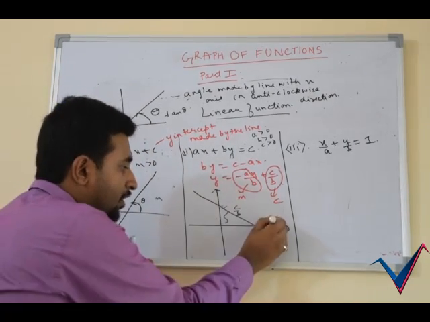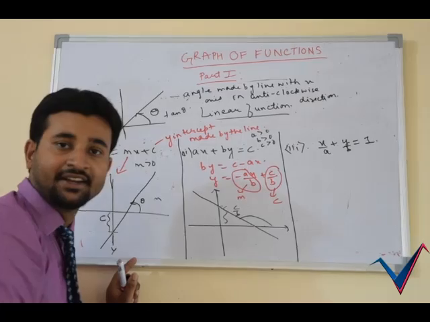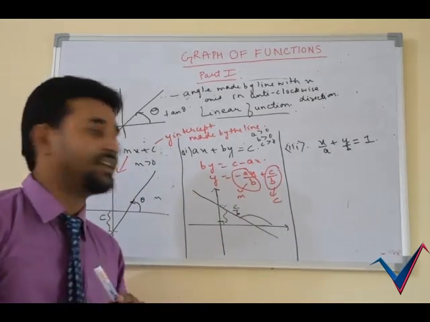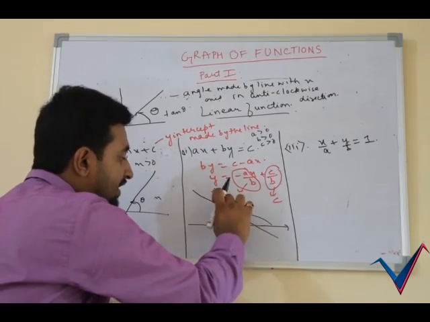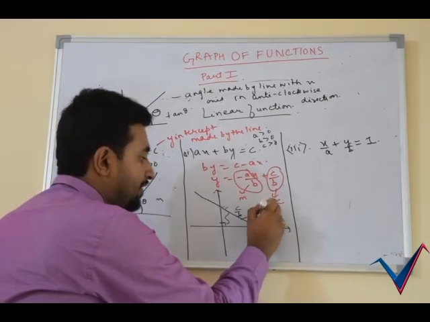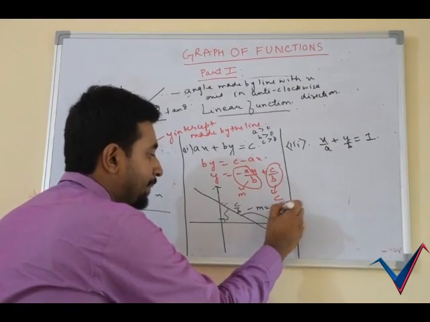Why this way? Because this angle is greater than 90 degrees; this is 90, so obviously this will be greater than 90 degrees. So this is C by B, and the slope m is equal to minus A by B here.